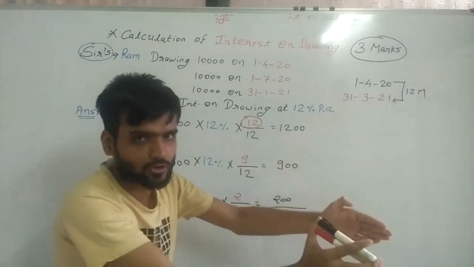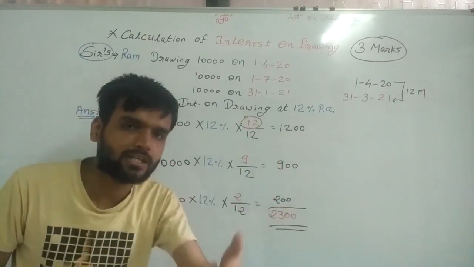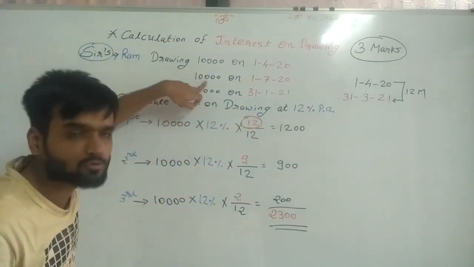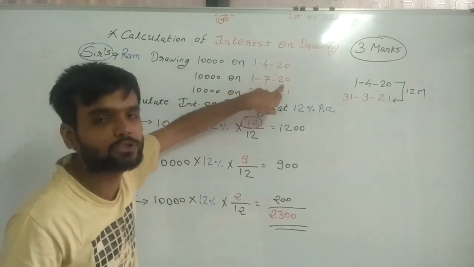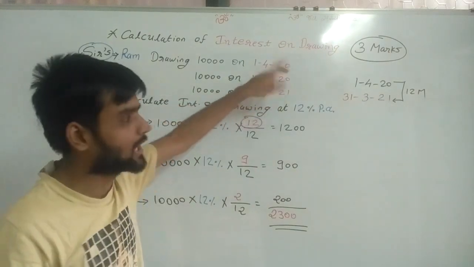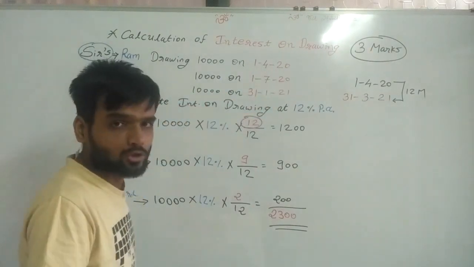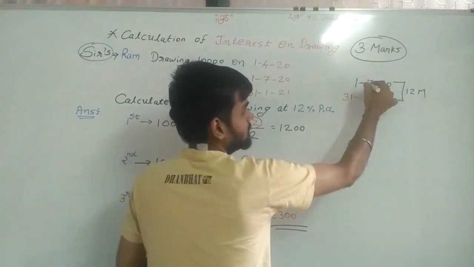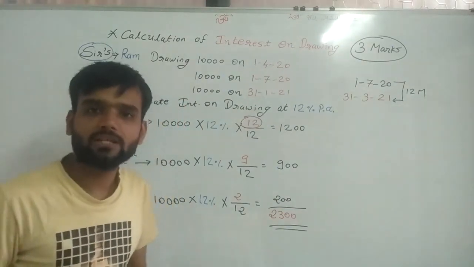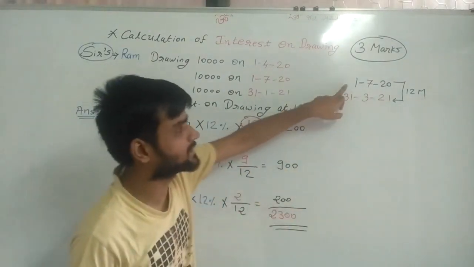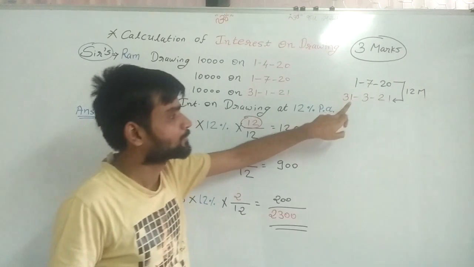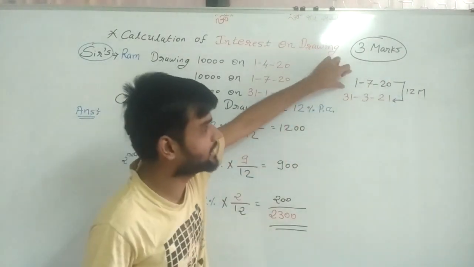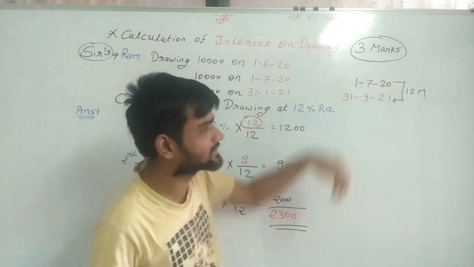Same as the last question. Now again Ram withdraws 10,000 on 1/7/20. So first write the drawing date here, 1/7/20. Now from 1/7/20 up to 31/3/21, how many months are there?